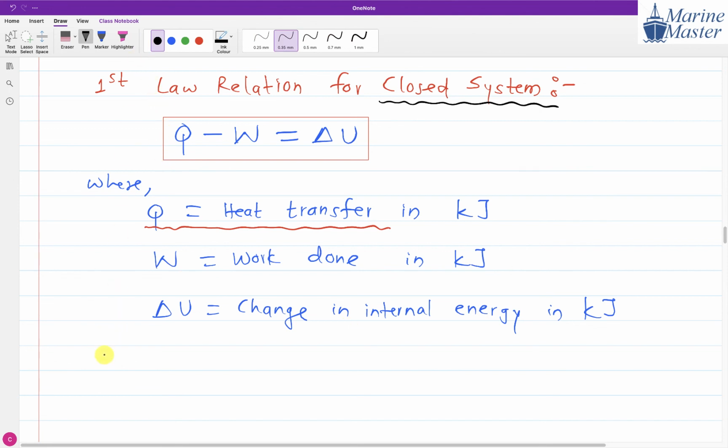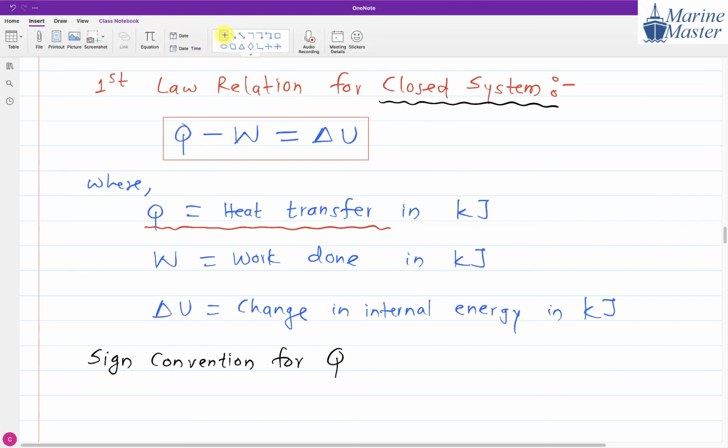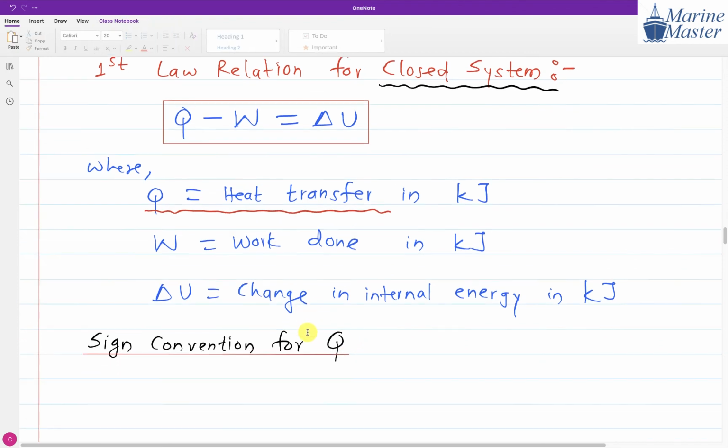Now the next thing will be sign convention. Give the next heading: sign convention for Q. Q stands for heat transfer.